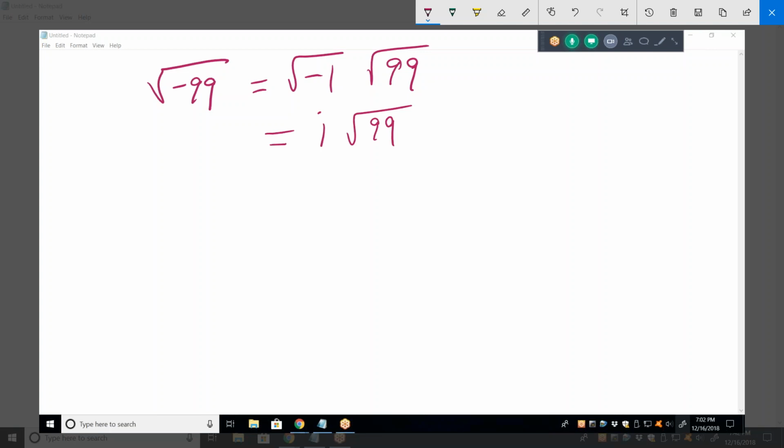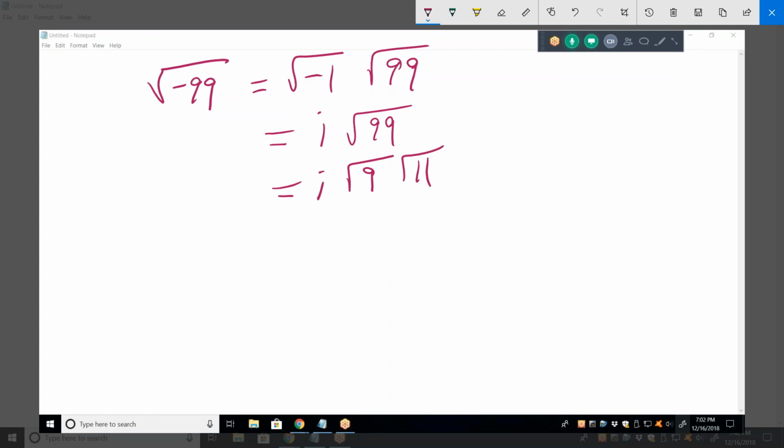Now, the square root of 99 can actually be simplified. What factor of 99 is a perfect square number? 9. Yeah, 9. So I've got i times the square root of 9 times the square root of 11.